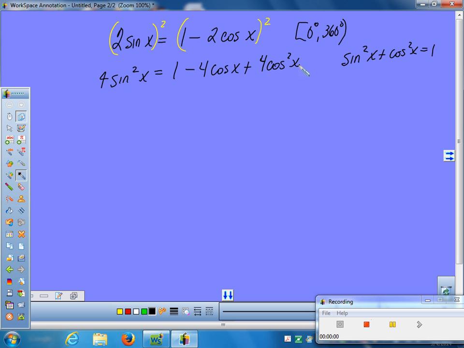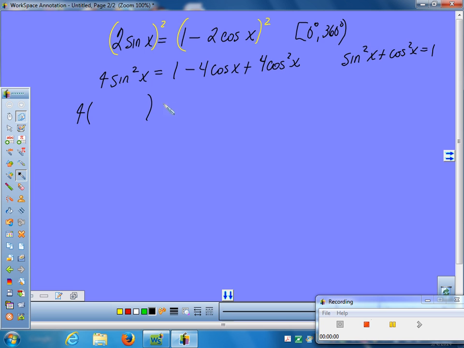Okay, well, it looks at the moment like I made a bigger mess. But the point is, I wanted to get it all in the same trig function. Can I now use identity number 6? There's only one sine squared, and there are several terms with cosine, so change the sine squared.